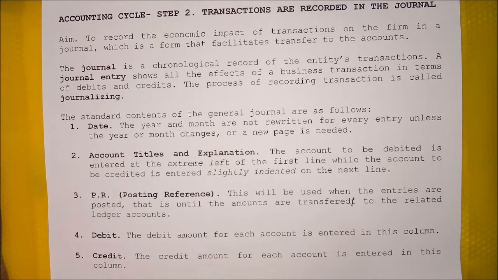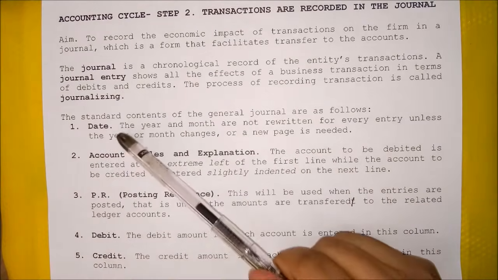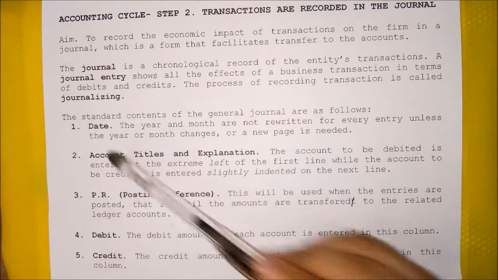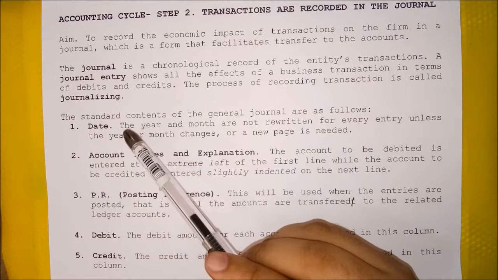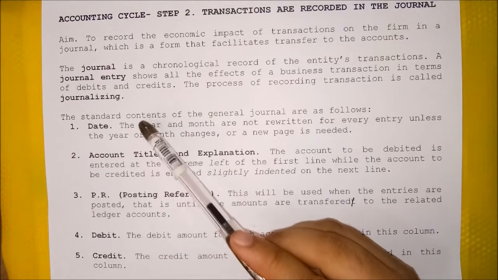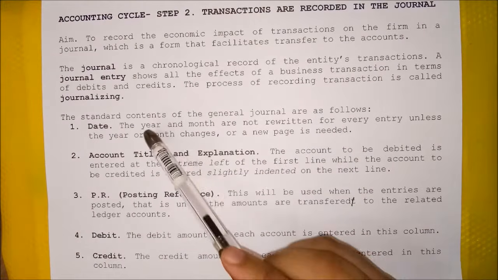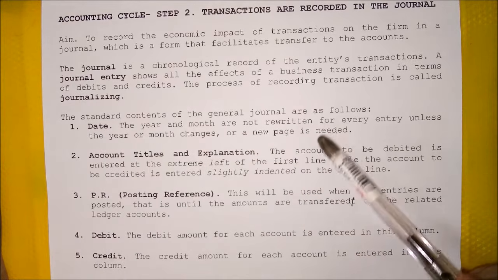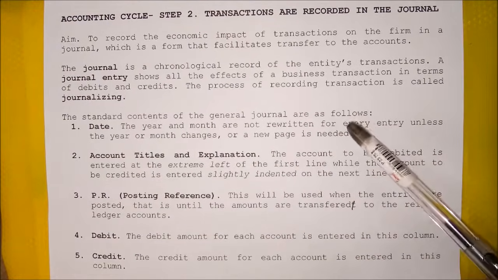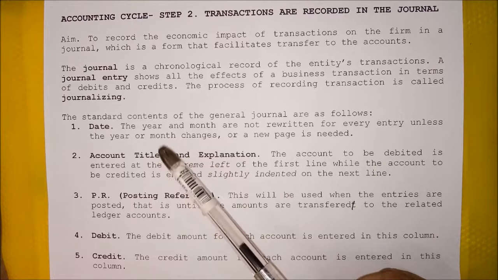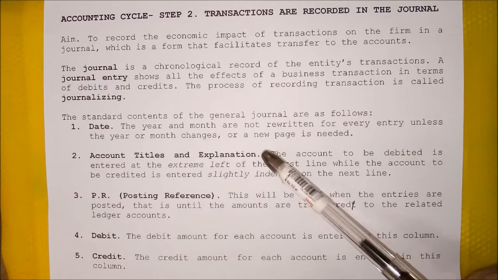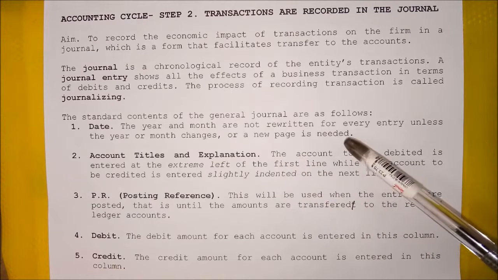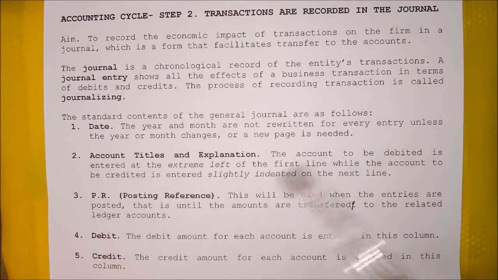Sa pag-prepare ng journal entry, napakahalaga ng date kasi sa date natin makikita kung kailan nag-occur ang transaction. And kapag pare-parehas ang date ng mga transaction, there is no need na i-rewrite natin yung date unless nagbago yung date or kailangan ng lumipat sa panibagong page ng journal.